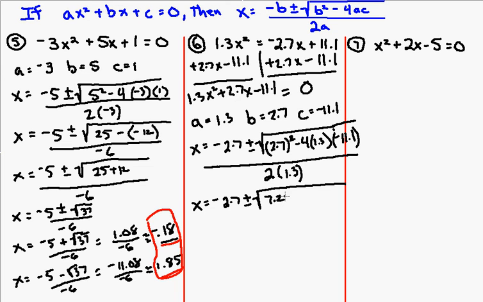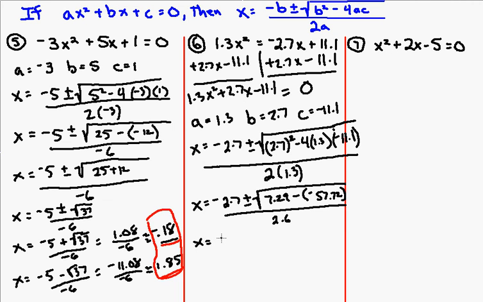So I have 7.29 minus, and then 4 times 1.3 times negative 11.1 gives me a negative 57.72, and that is all over 2 times 1.3, which is 2.6.